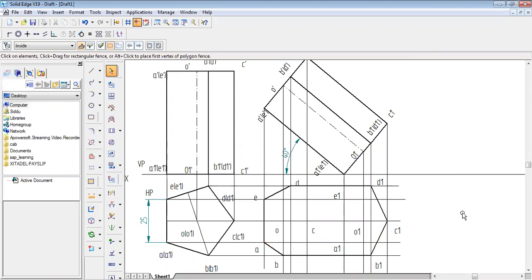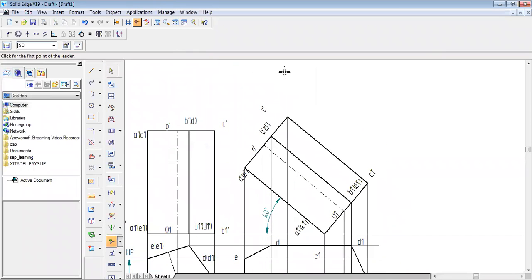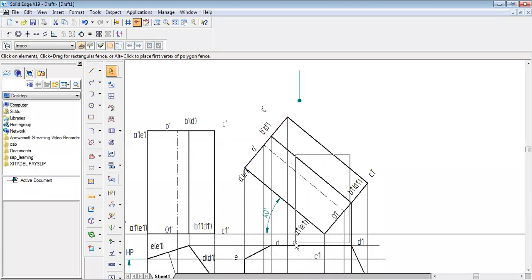So now we'll find out which are seen edges and which are unseen edges when looking from the top. So now the observer is here. When I'm looking from the top, I know that the top surface is going to be nearer to the observer. The bottom surface is going to be away from the observer.